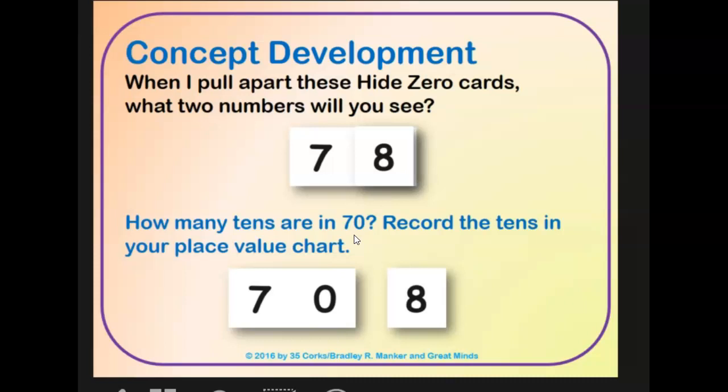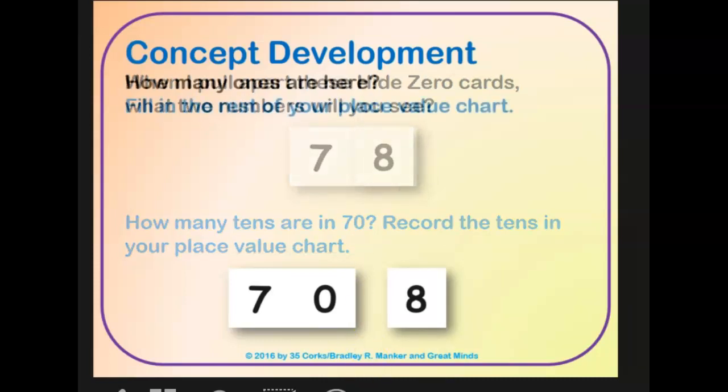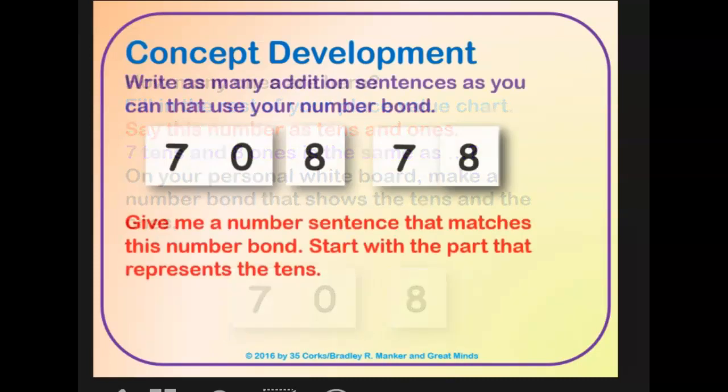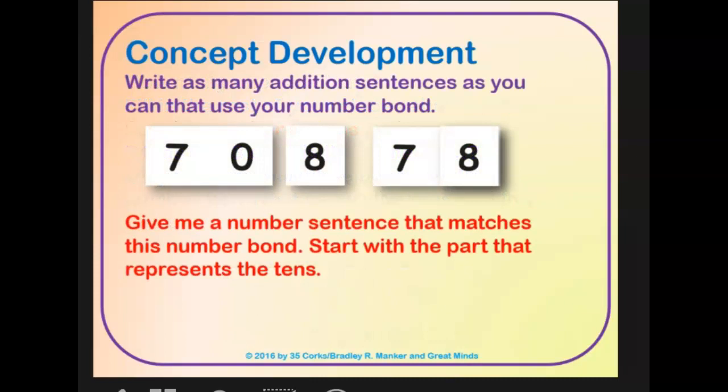You guys know that I really like 10s and 1s charts because it really helps me to see the place value. So I could write 78 as 7 10s, 8 1s, right? So if I made a number bond to show this, my whole was 78, and then I had my 1s over here and my 10s over here.